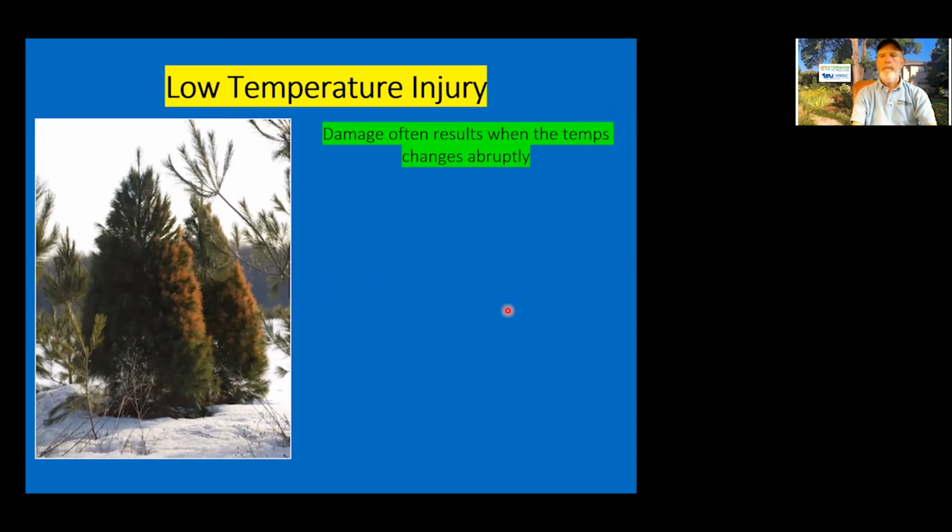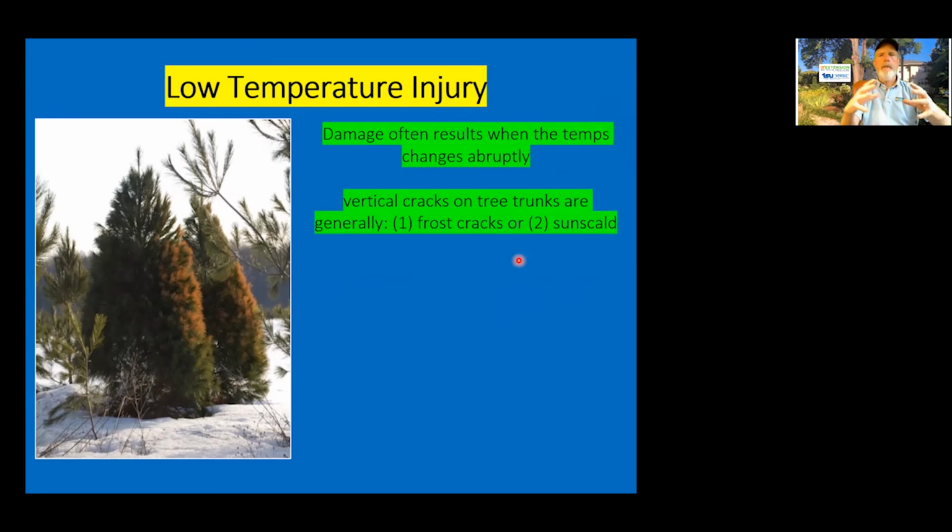They cause vertical cracks from low temperature. They look like frost cracks because sometimes the trunk is coming out of dormancy and the water is coming up into the trunk, and then it freezes and it basically cracks that trunk, almost like a water bottle that you might put inside your refrigerator.